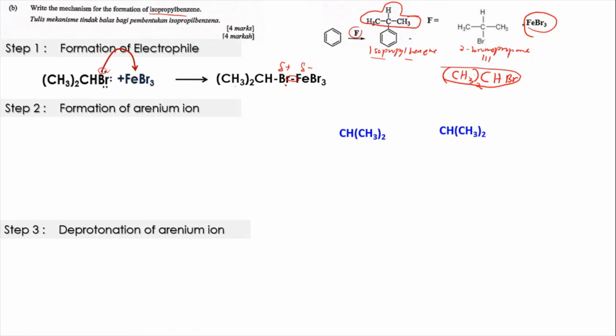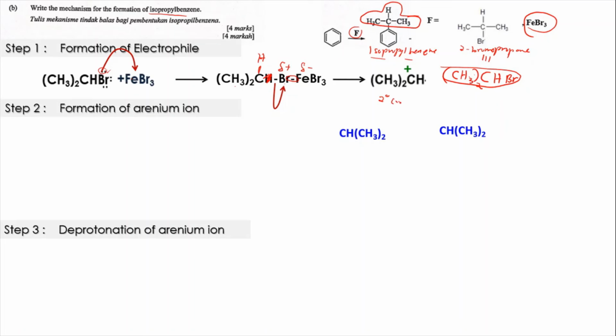Now we're going to break the bond between the carbon and the bromine, because you can imagine the hydrogen to be up here. The C-Br bond is going to be broken, and 2 electrons pass back into the bromine.